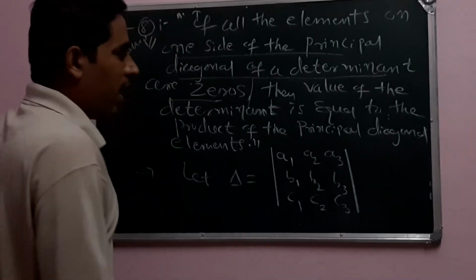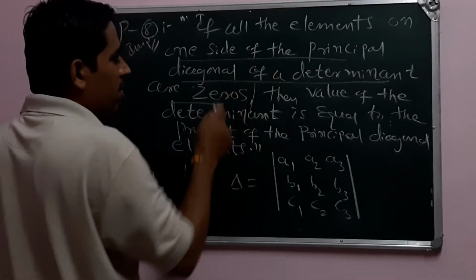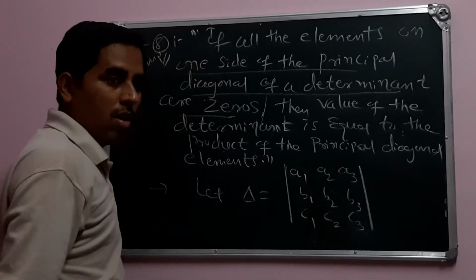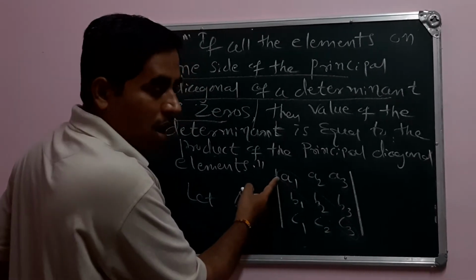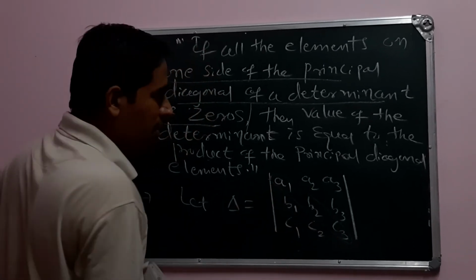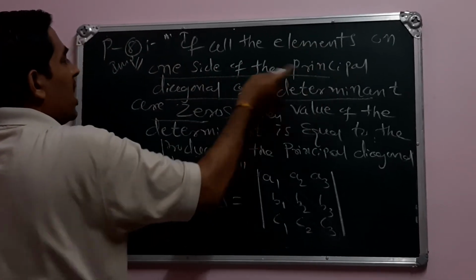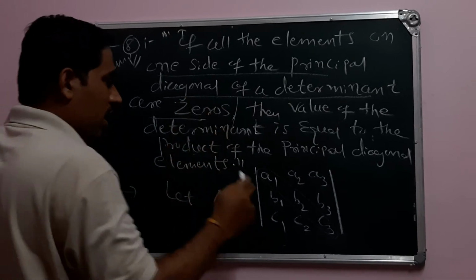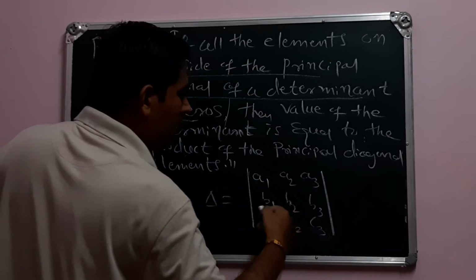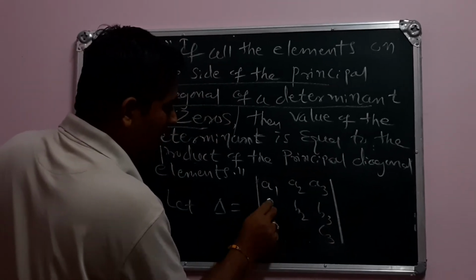This property says if all the elements on one side of the principal diagonal are zeros. The principal diagonal is from the left top corner to the right bottom corner, with elements A1, B2, C3. Either the upper side or the lower side, upper half or lower half. I will take any one, say these elements as 0.